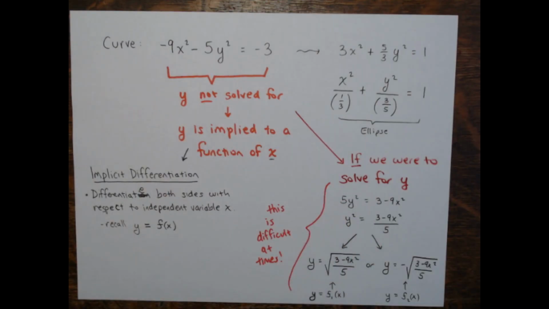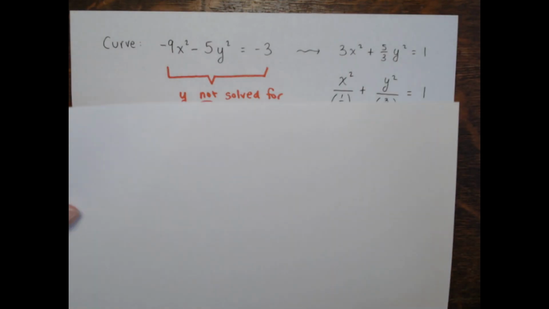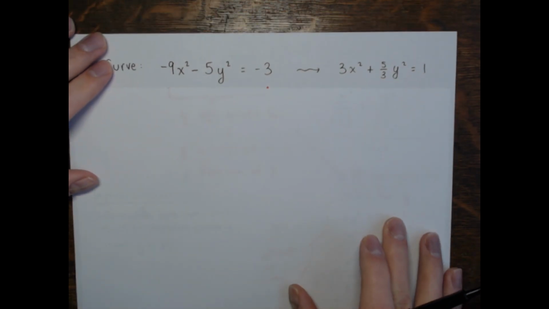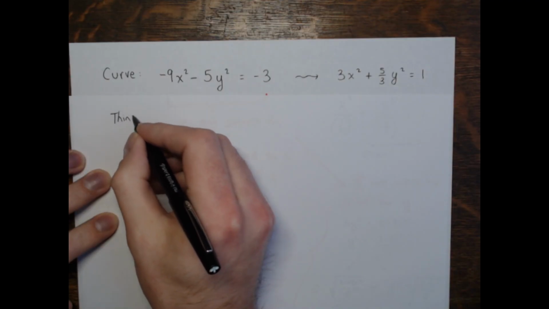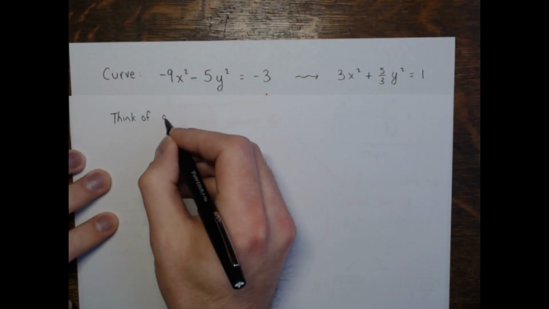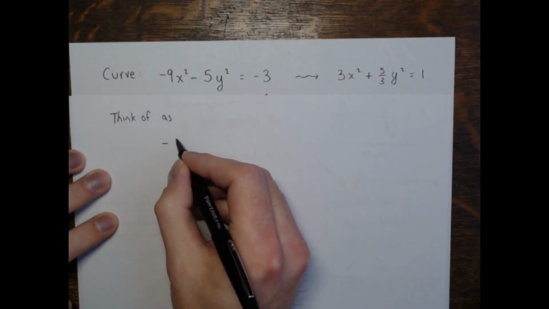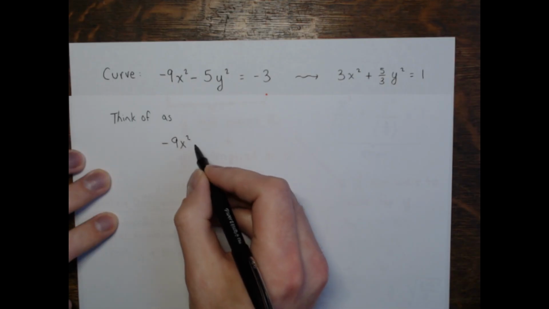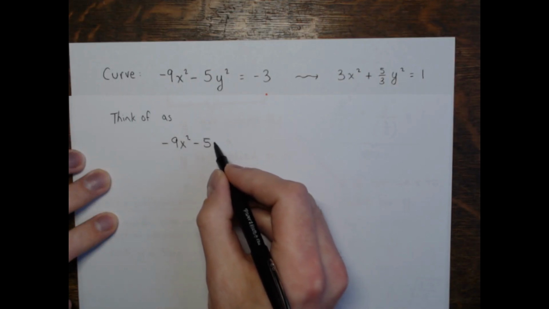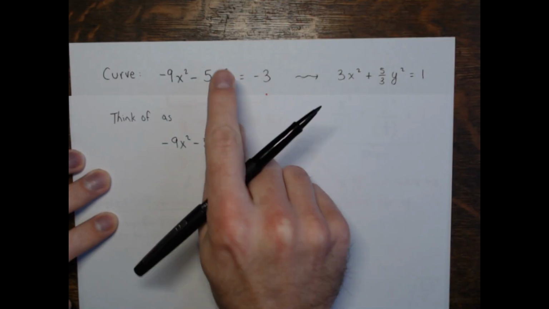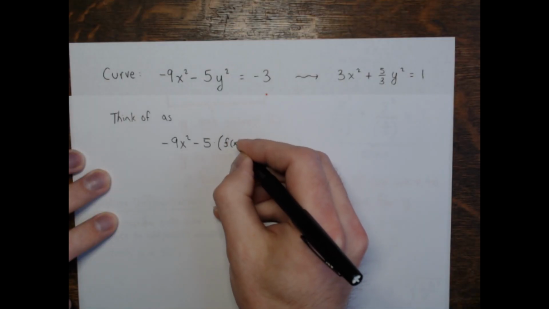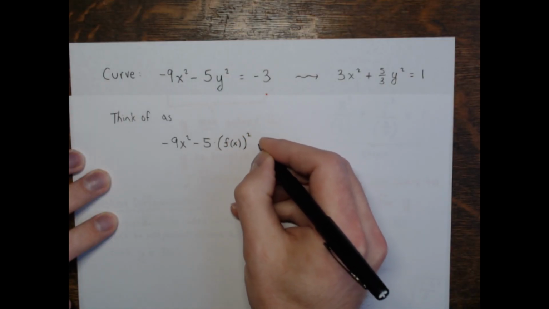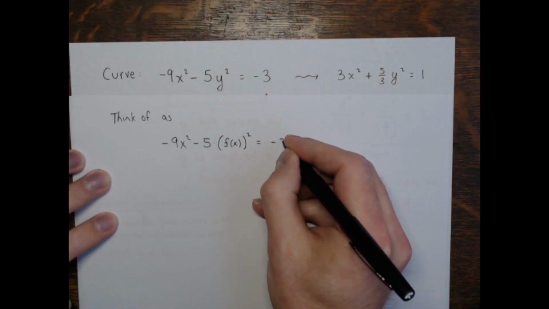So I'll take this to another page, and we could think of the equation for our curve as negative 9 times x squared minus 5 times, and then y is some function of x, say f of x, squared equals negative 3.